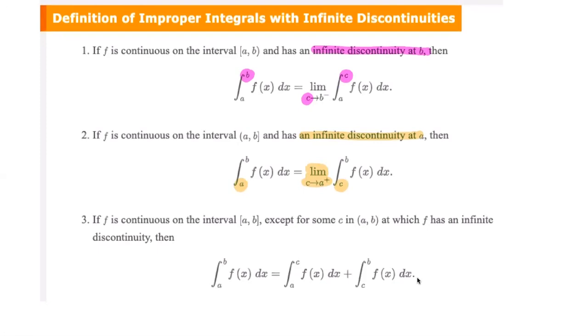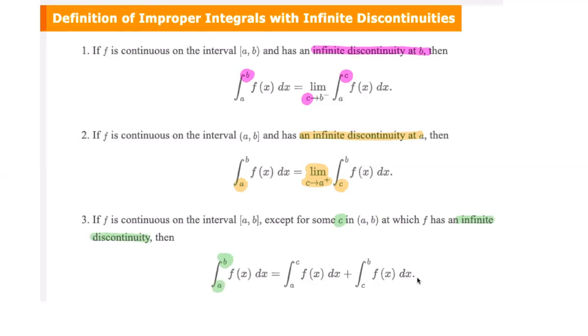Then one last situation where maybe a and b are both totally fine, but there's some point in the middle where the function has an infinite discontinuity. In this case, the split happens at the discontinuity.